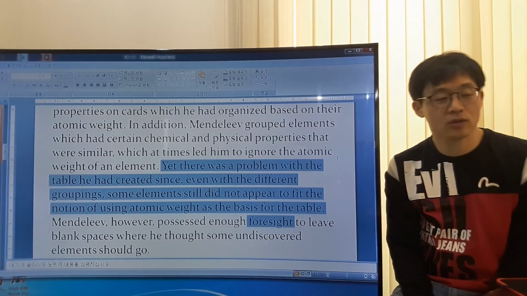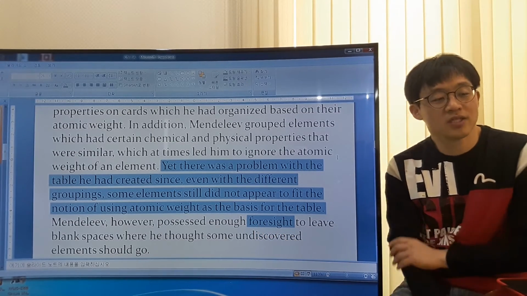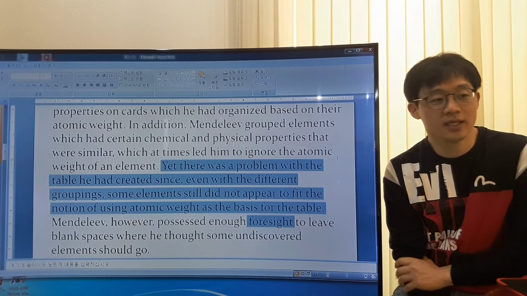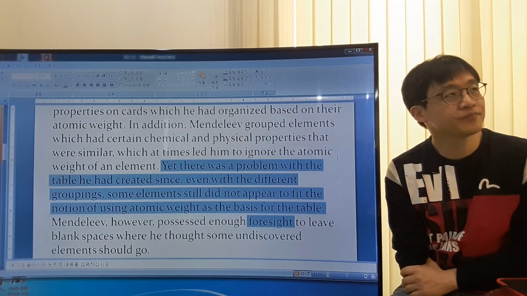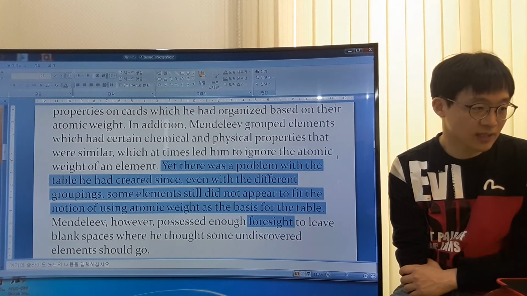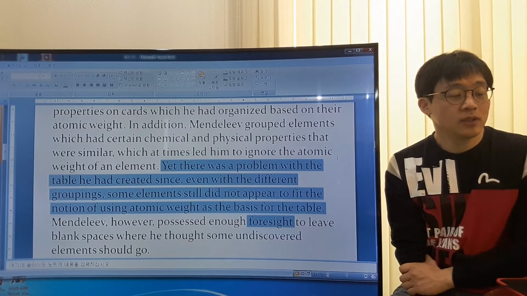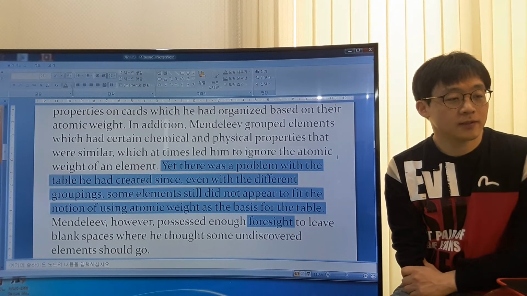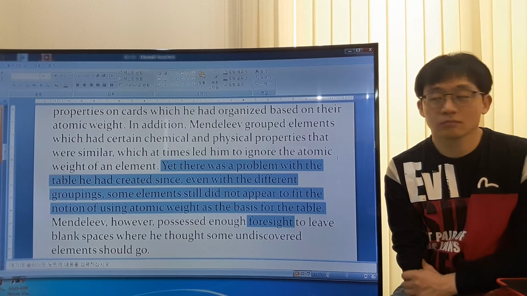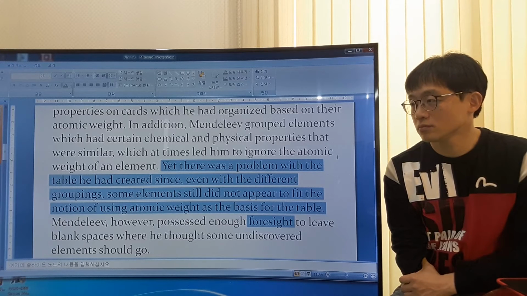Sight is seeing, so it's the ability of seeing the future and taking appropriate action for that. So he had the ability to think that there will be some other elements, not yet discovered, to fit in those blank spaces.